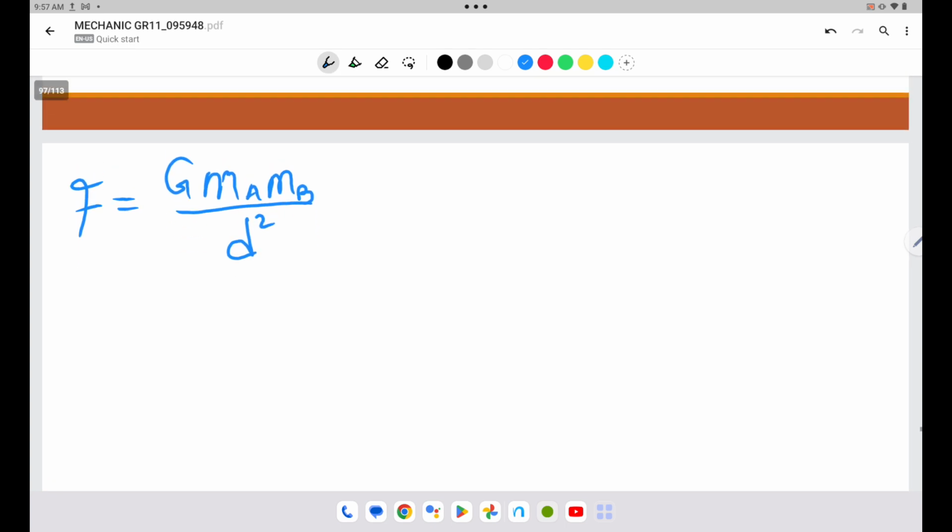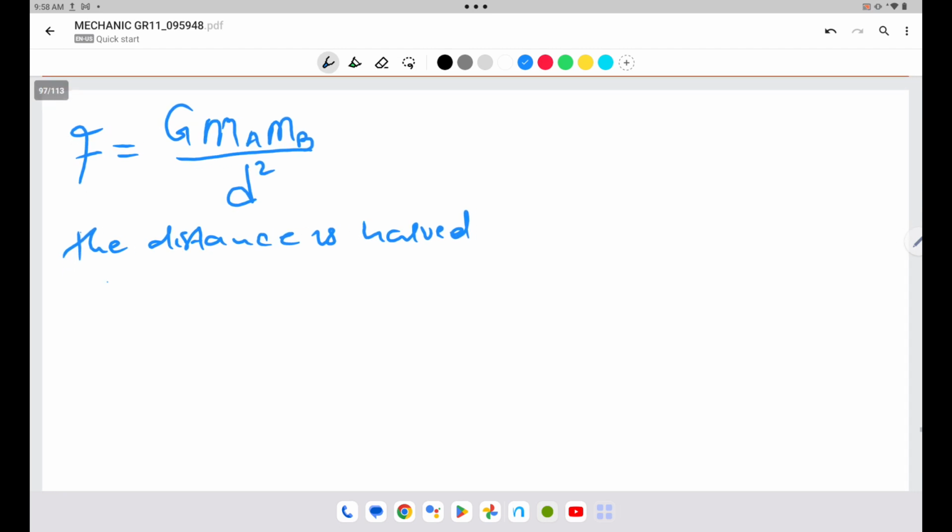And then this time we are being told that the distance is halved. When you halve something, you divide it into 2 equal parts. So we have a new distance here. The distance is d over 2 because the distance was halved.